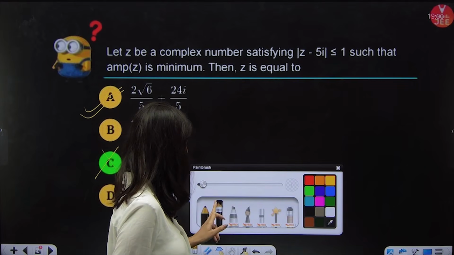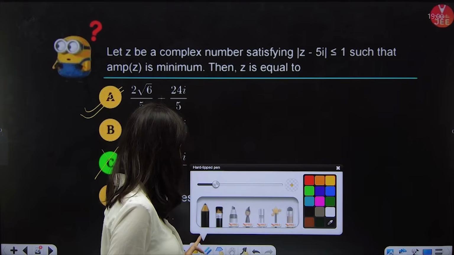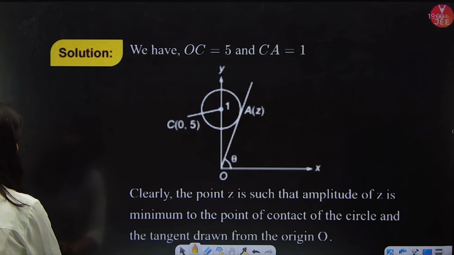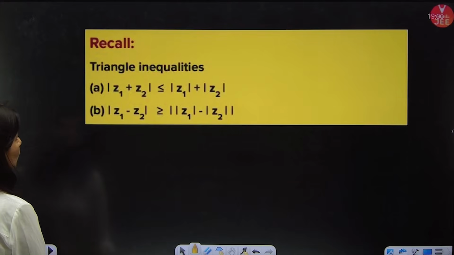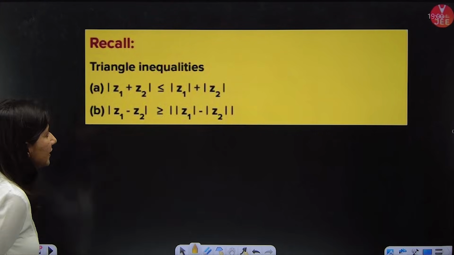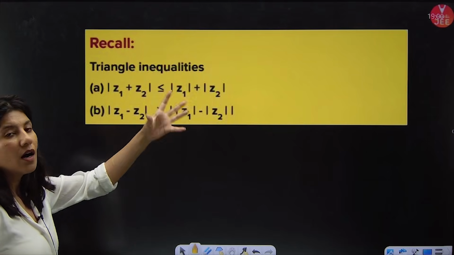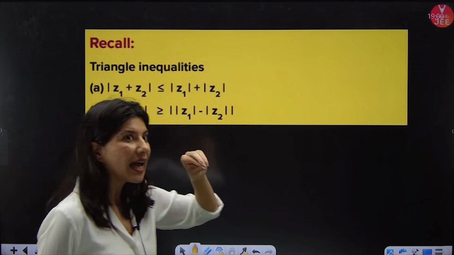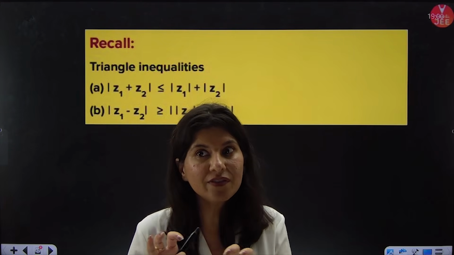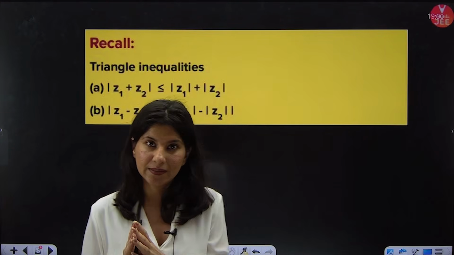Okay. All right. Perfect. Now let us do one last thing, which is triangle inequalities. Let us quickly go towards the triangle inequalities, right? So triangle inequalities basically are used to calculate the maximum or minimum value of modulus of complex numbers.